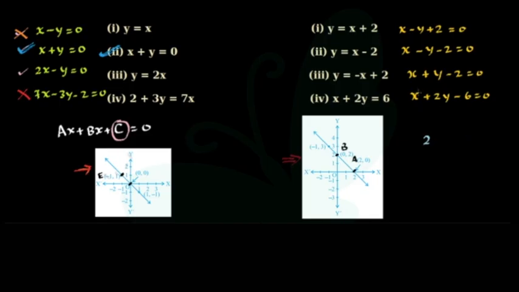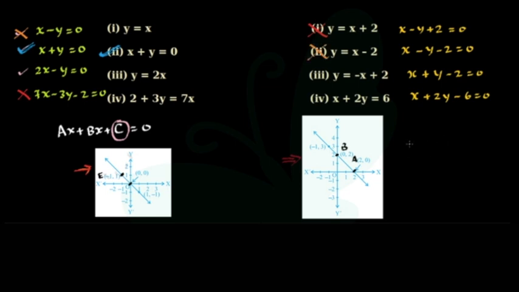So the first one is definitely not the equation. What about the second equation? We are constantly looking at the standard form, remember. Test the second one against the B point, replace x with 0, y with 2. Okay, we are getting -4, which is not equal to 0, so definitely it is not.